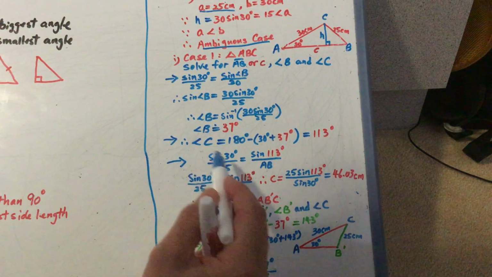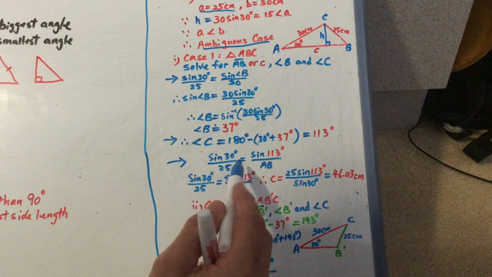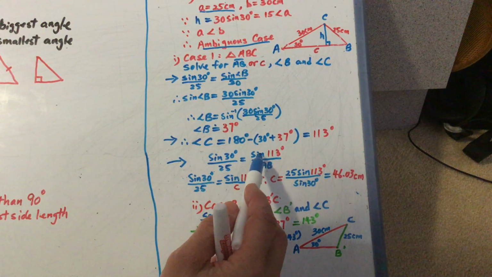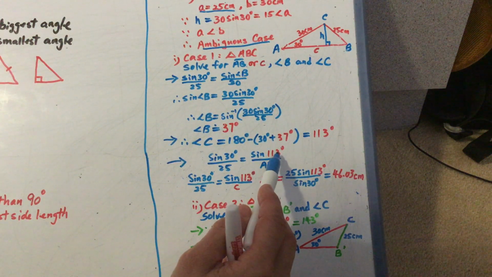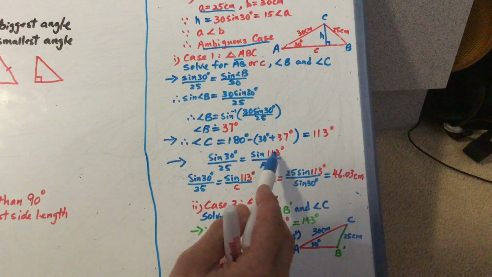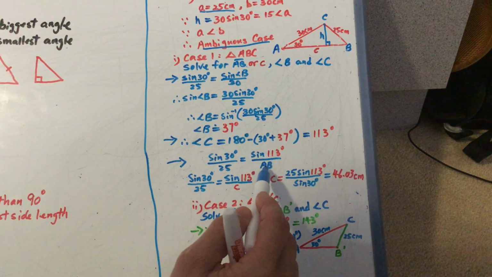It's by taking the known pairs, again, sine 30 over 25, set it equal to sine 113, which is the angle C, over length C.